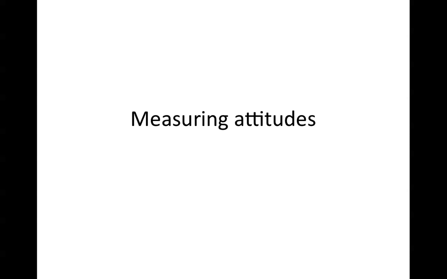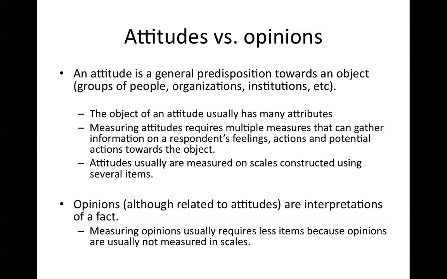So now we're going to talk about measuring attitudes, opinions, and scales. An attitude is different than an opinion. An attitude is really just someone's predisposition towards an object or people or organizations and so on. It usually has many attributes.